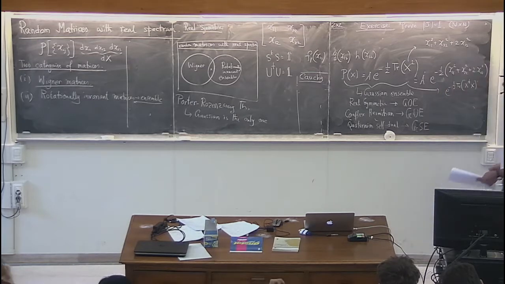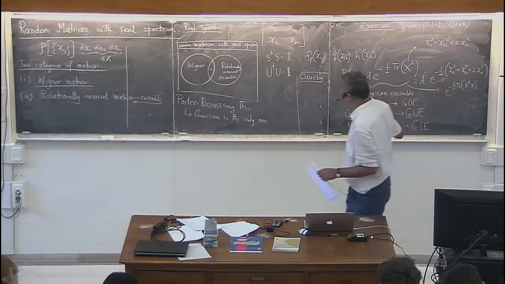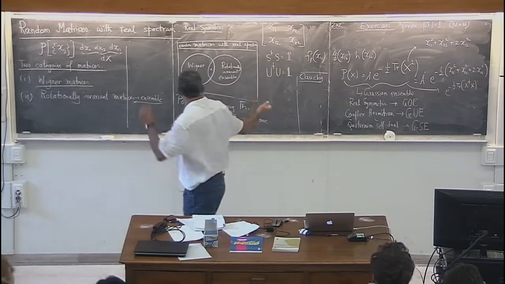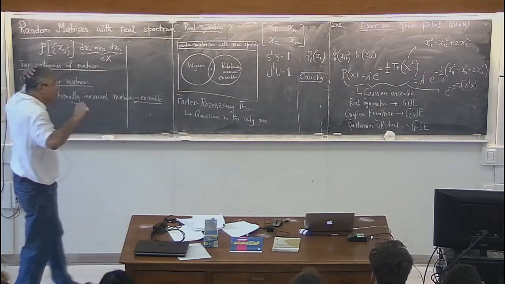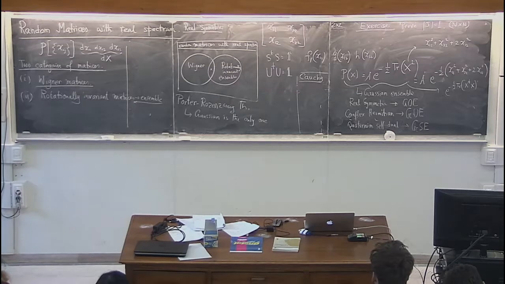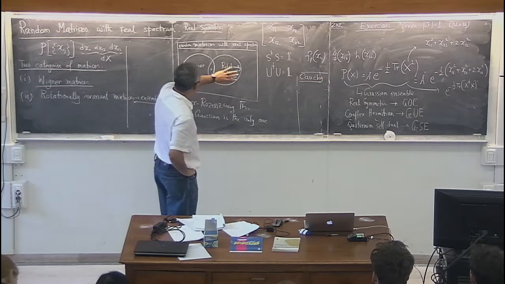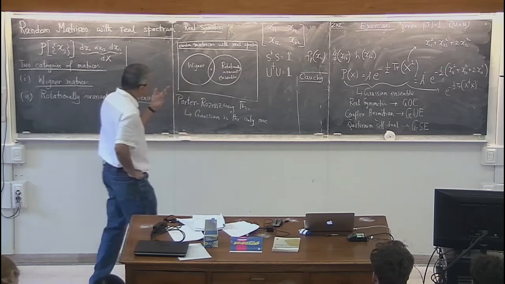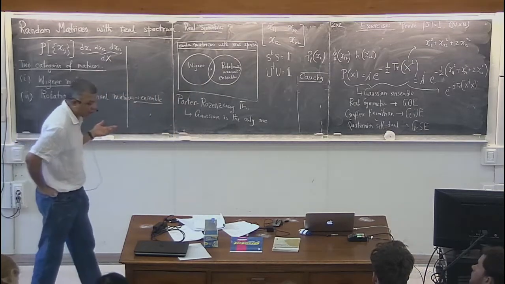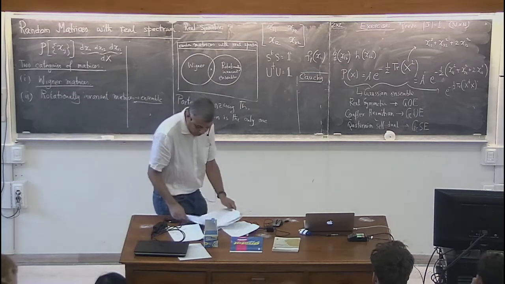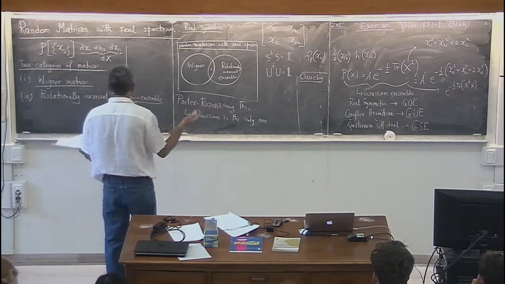So Gaussian matrices play a very special role, as we'll also see later when we come to cold atoms, because they are both Wigner as well as rotational invariant ensembles.